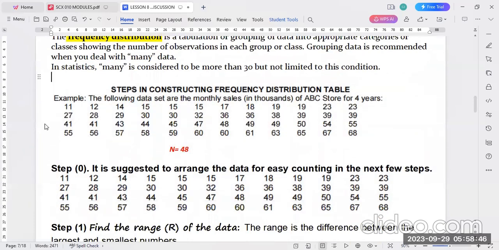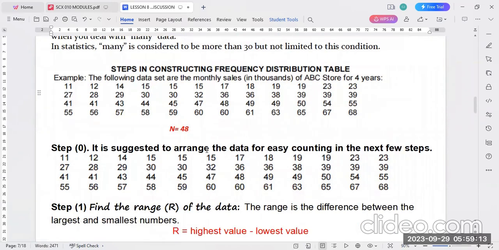Okay, so ibig sabihin, the given set of datas are 48. So even if you count that from 11 to 68, 48 po lahat yung given set of data. Yung si 11 to 68, we call that data. So therefore, N is equal to 48, or that is the total number of data.